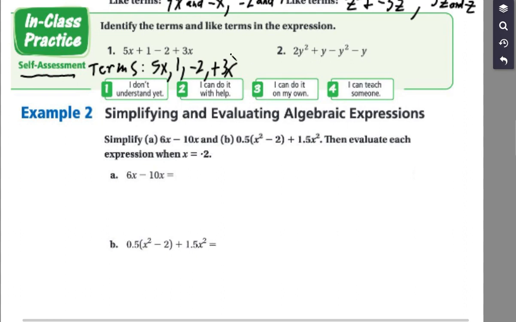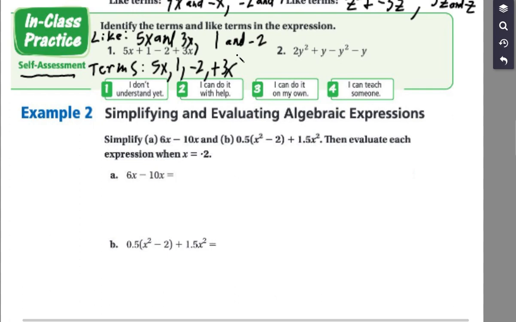Okay, so then the like terms are the 5x and the 3x, and the 1 and negative 2.